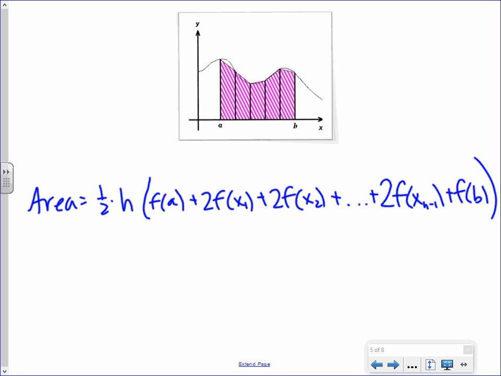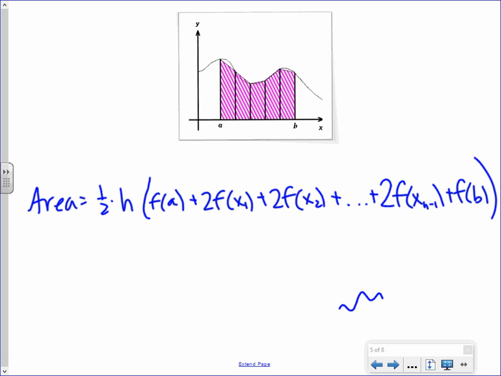So let's do an example. Please write down y equals x squared plus 1.